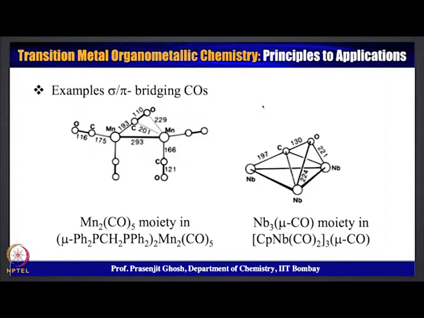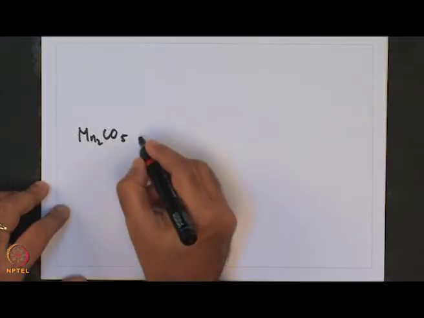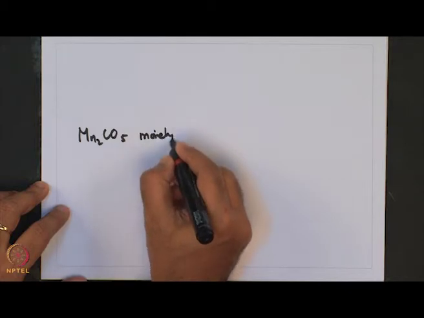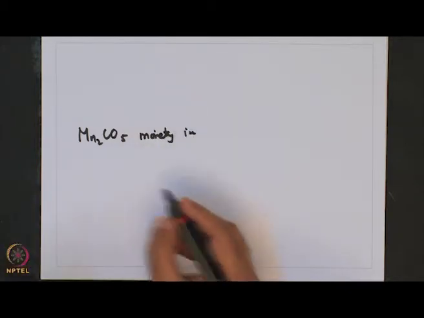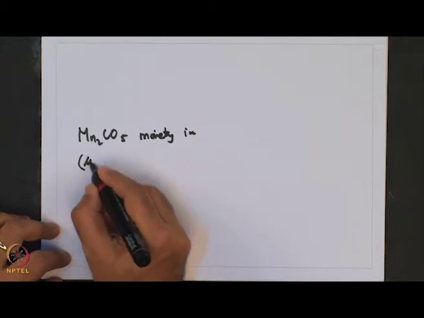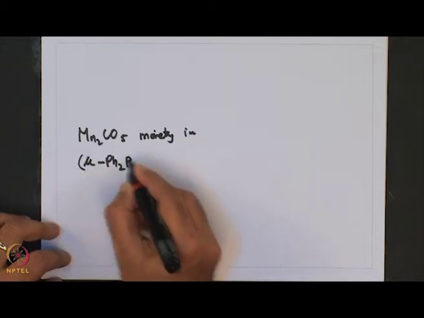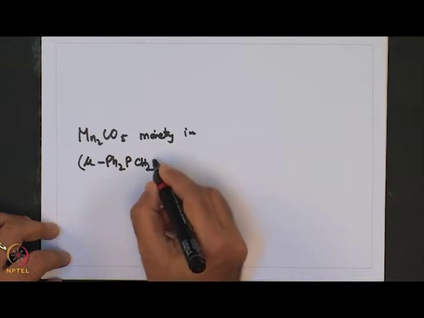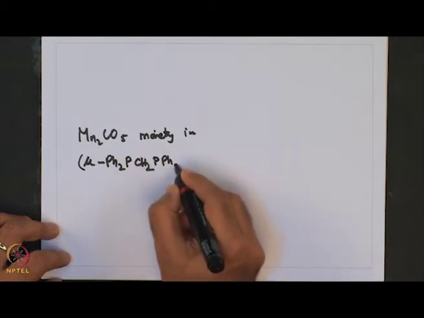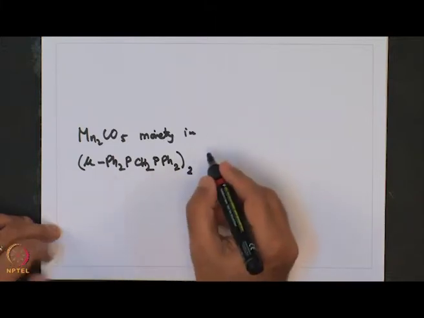Before that, we are going to take a look at some of the examples of sigma pi bridging carbonyls which have been structurally characterized. One such example is this manganese complex, which is this Mn2(CO)5 moiety in mu-Ph2PCH2PPh2 whole 2.